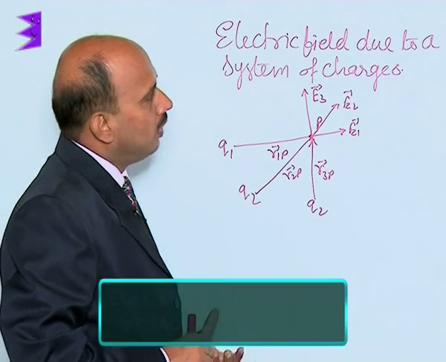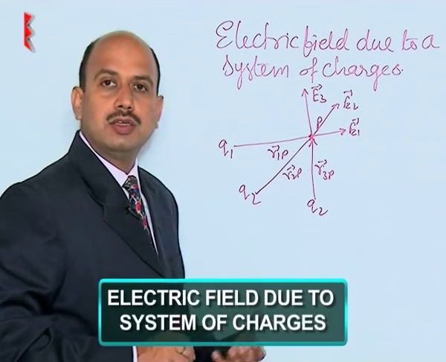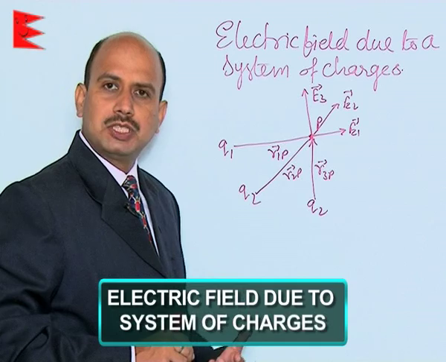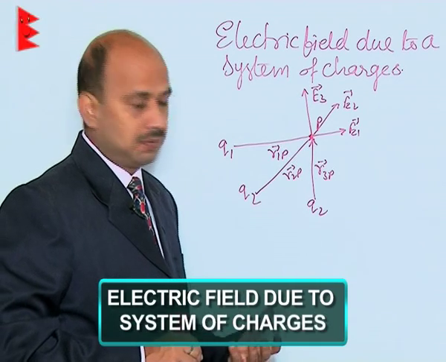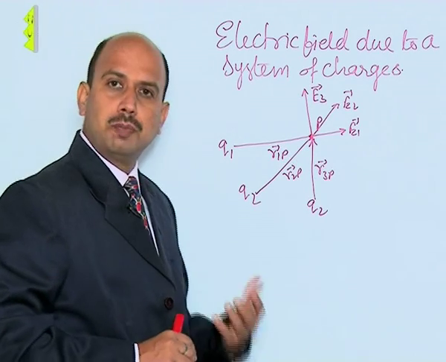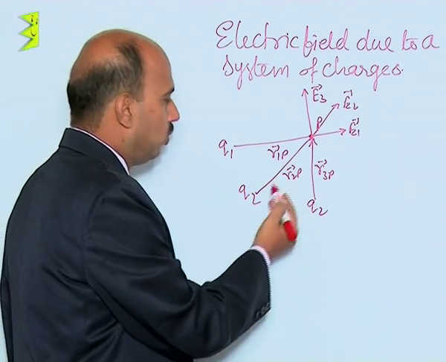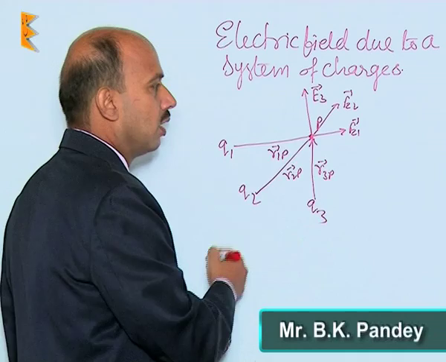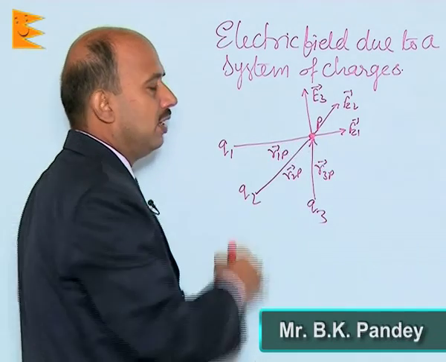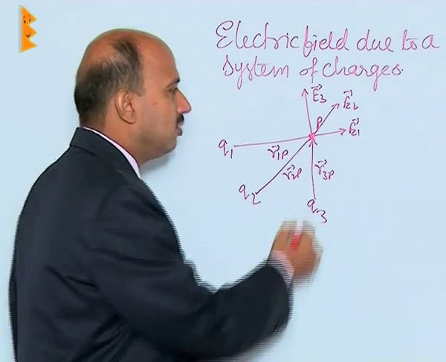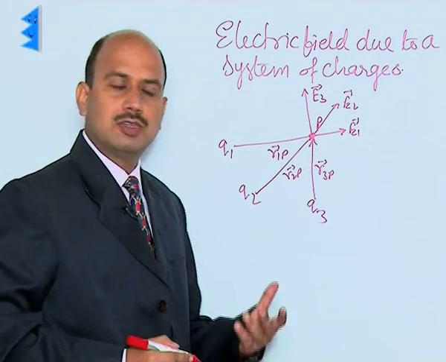Now, we can calculate electric field intensity at a point due to a large number of charges present in that system. That is according to the principle of superposition. There are the charges q1, q2, q3 here, and we are going to calculate electric field intensity at point P. So, we assume at point P there is a unit positive charge.